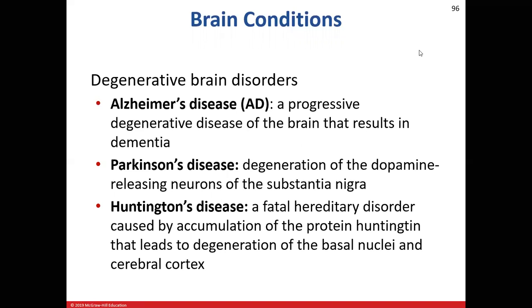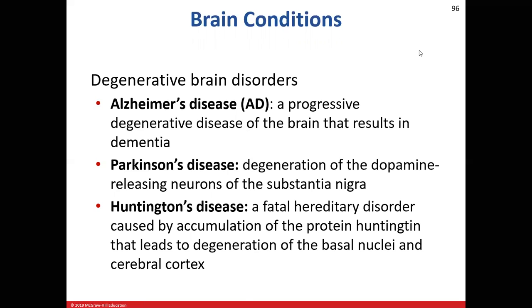And we have talked about Parkinson's very briefly earlier when we were talking about nuclei of the brainstem. Again, one of the treatments or one of the medications that we'll use for Parkinson's is dopamine. And that obviously kind of adds to the dopamine that is not being released by the substantia nigra.